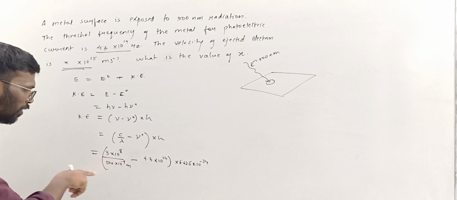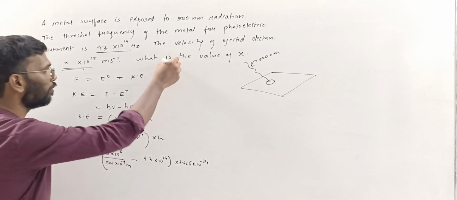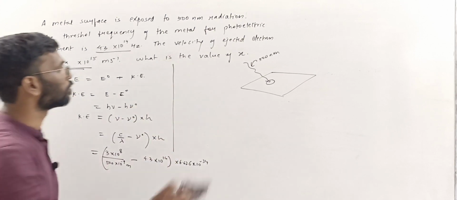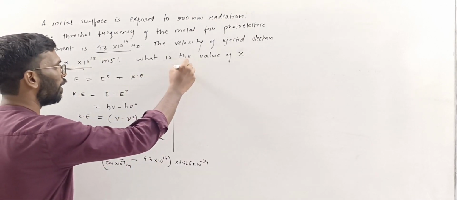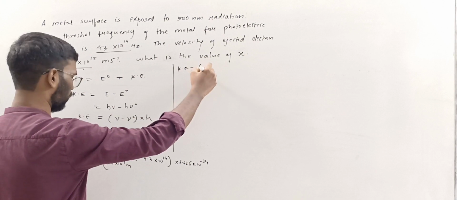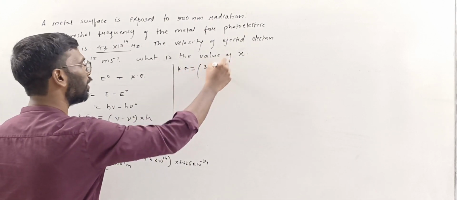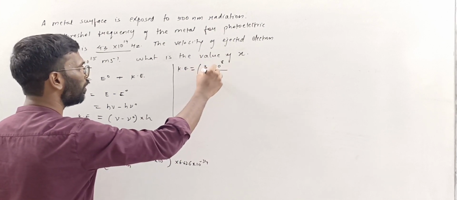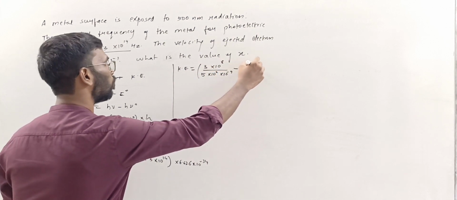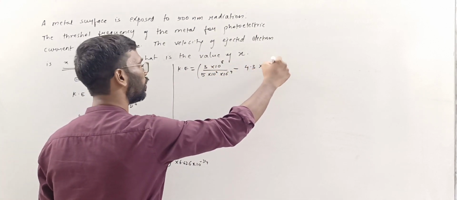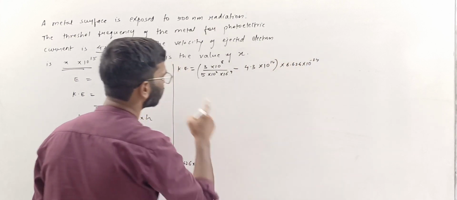If you deal with this, this number is going to come. So kinetic energy is, the same number could be written as 3 into 10 raised to 8 divided by 5 into 10 raised to 2 into 10 raised to minus 9, minus 4.3 into 10 raised to 14, into 10 raised to minus 34.